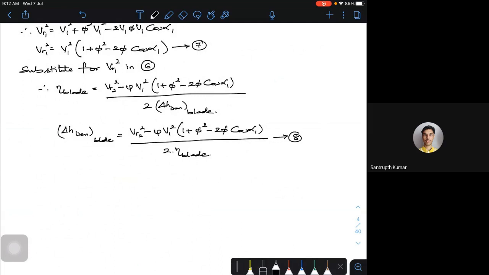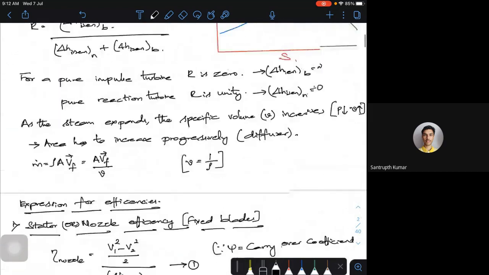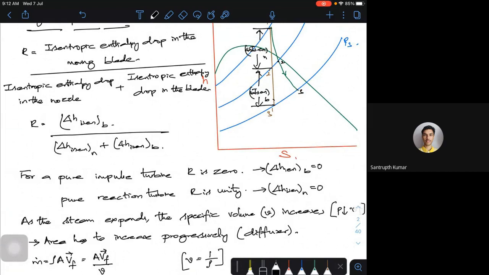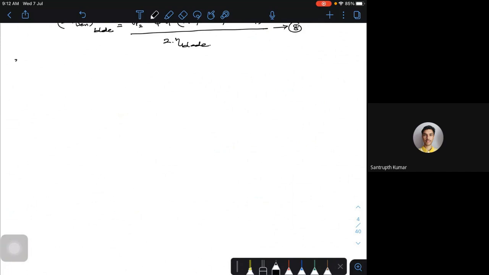I am going to take equations 5 and 8 for the blade and the nozzle and substitute them in the degree of reaction equation.